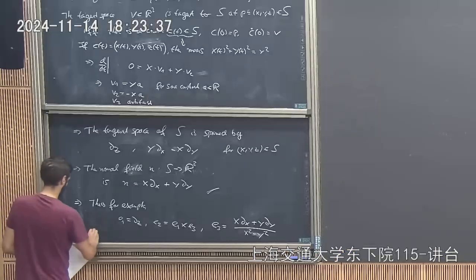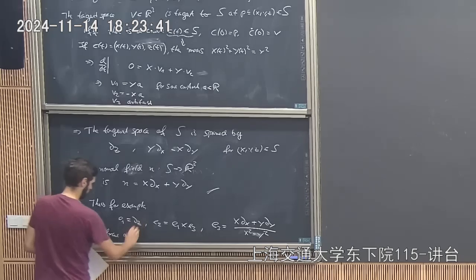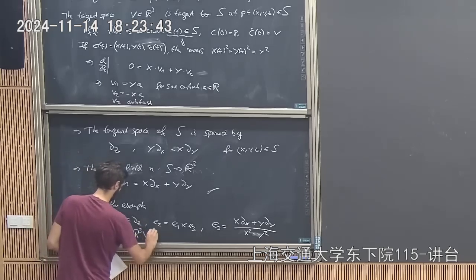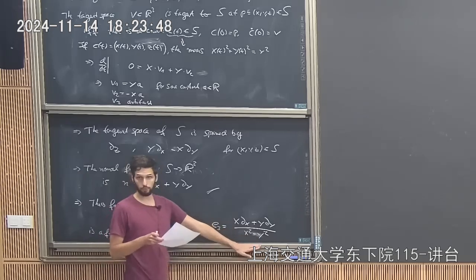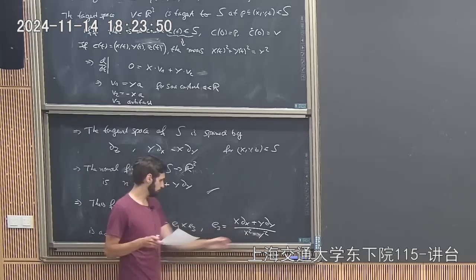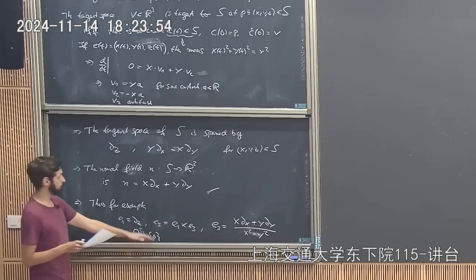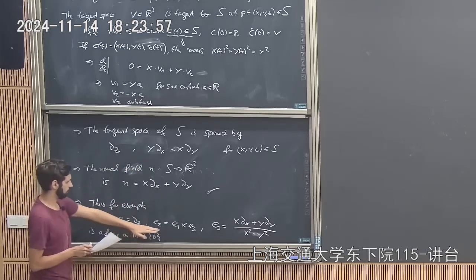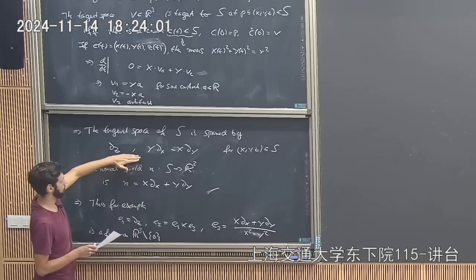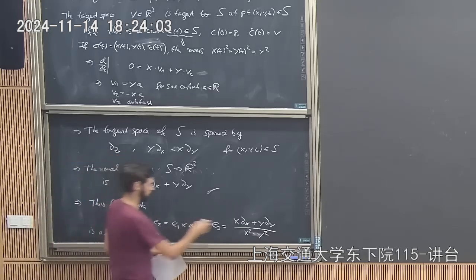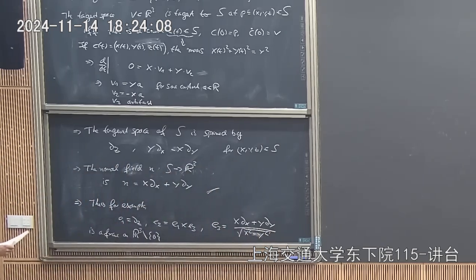And this one is a frame on our space, except for the origin, because at the origin this frame explodes, so that's not well defined, so we have to remove the origin. And if you restrict it to the surface, then you get essentially the normal vector field, normalized like this.